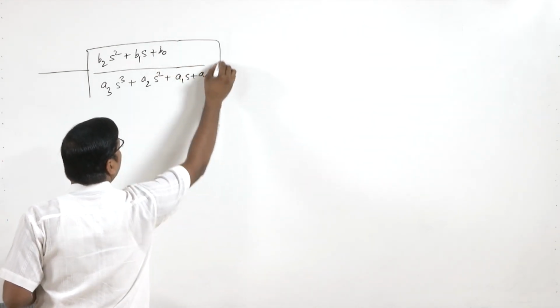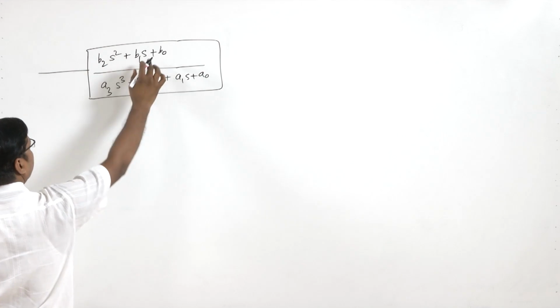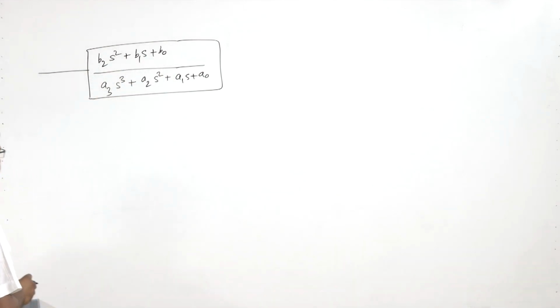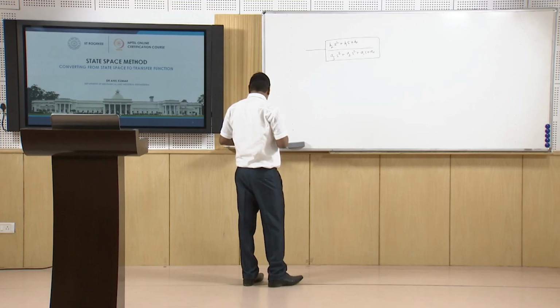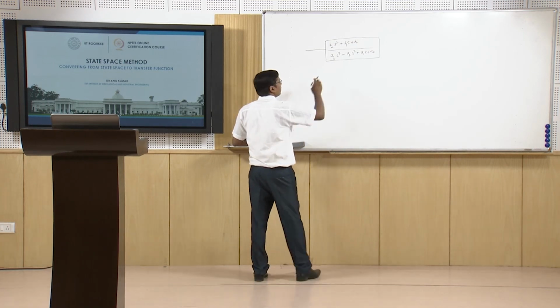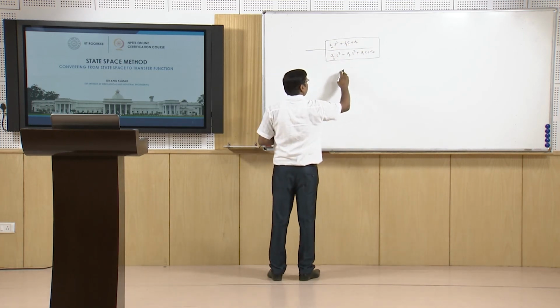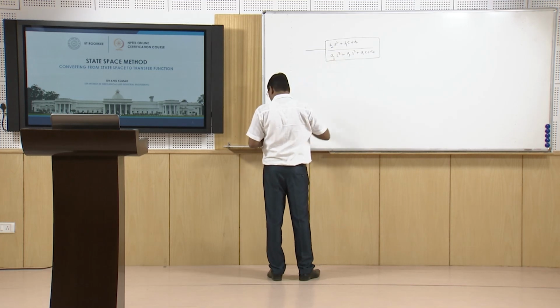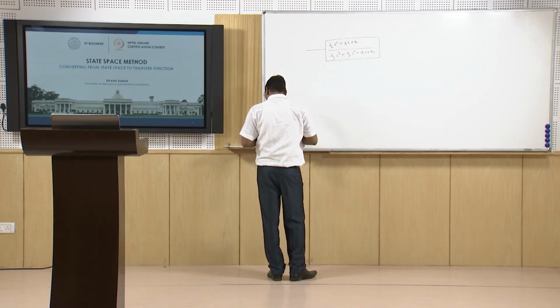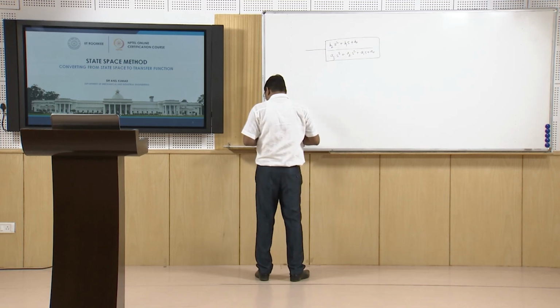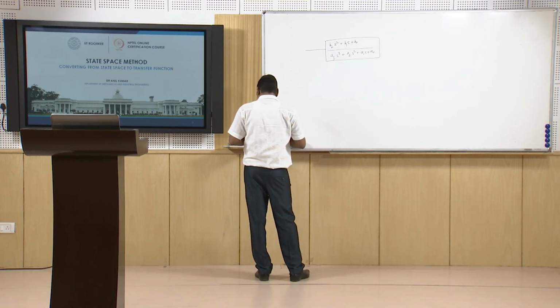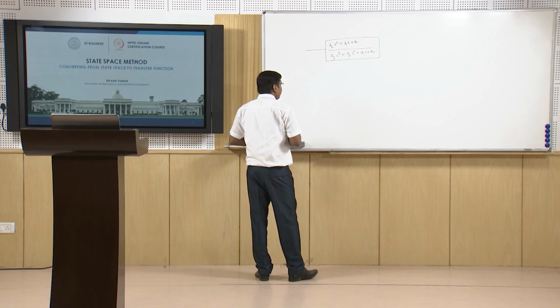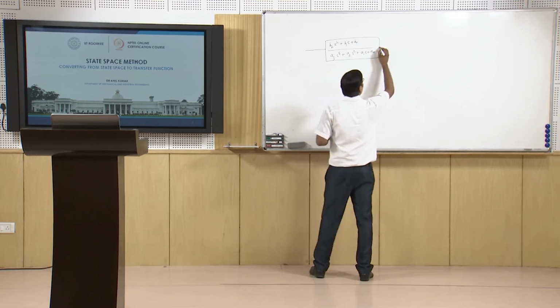Earlier we only dealt with the case where there was no function in the numerator, it was taken with some constant parameter, but now it is a function of s. So when a transfer function has a polynomial in the numerator that is of order less than the denominator, we can separate it into two parts.